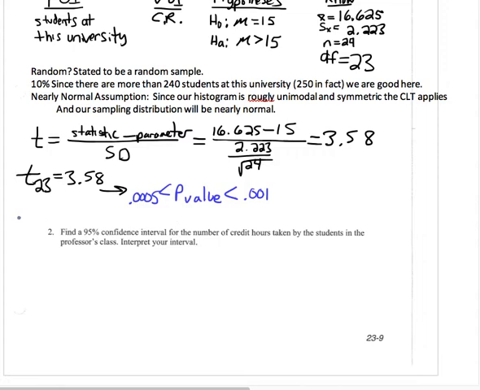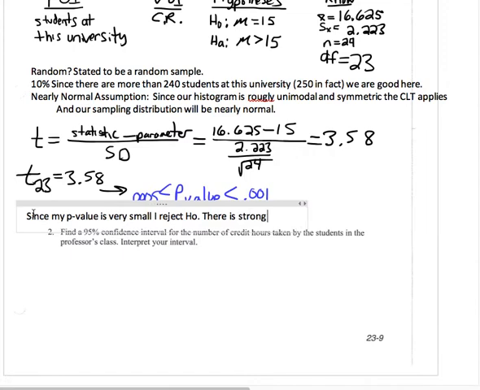So what do we conclude? Now let's write out our conclusion and get a nice text box going for that. I'm going to say since my p-value is very small, I reject H sub 0.